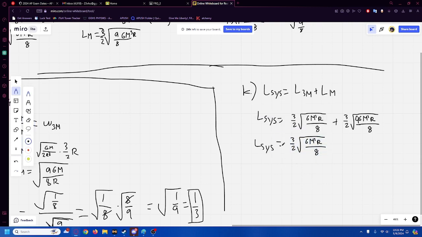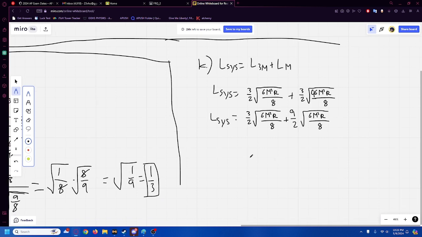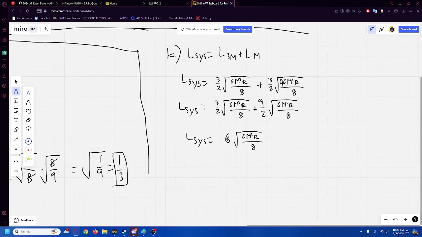And you can factor out the 9 on top, so it'll be 3 times 3 is 9 over 2 √. And 3 halves plus 9 halves is 12 over 2, and 12 over 2 is 6, so the L_system is equal to 6 of this.